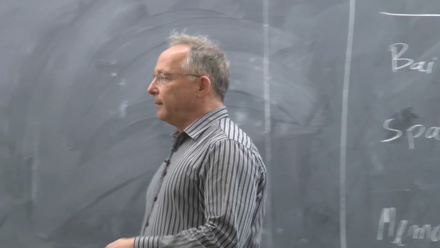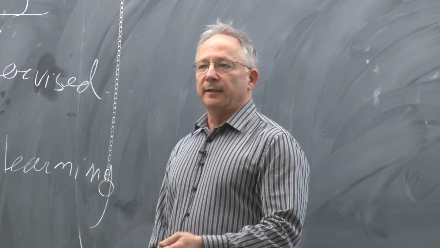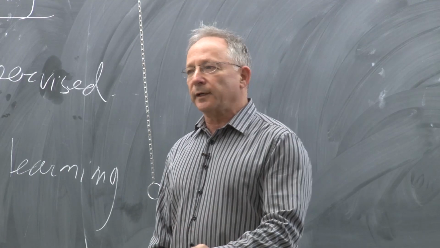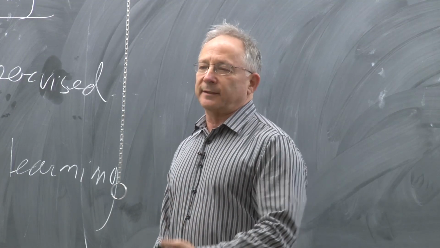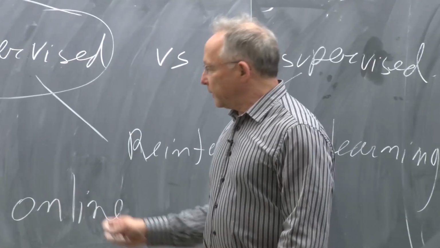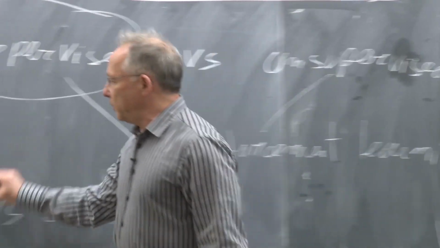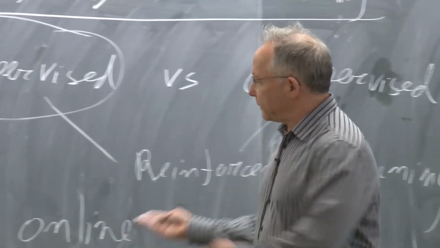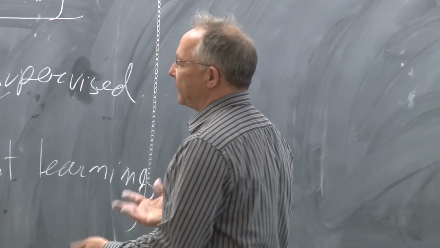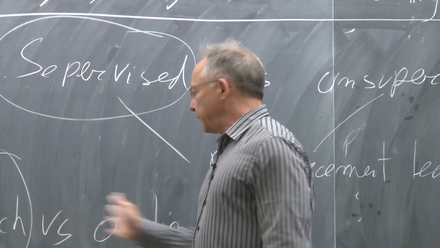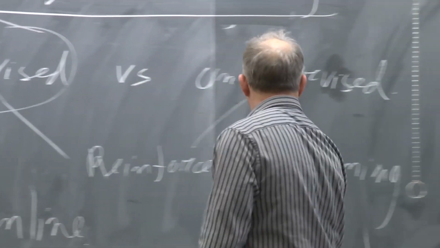So in online learning, you learn from your mistakes. You learn as you go, you make mistakes, and you're trying to have a program that will make as few mistakes as possible as it learns. So this is the online versus batch. We will talk a little bit about online, but we'll mostly talk about batch learning, just because in some sense it's simpler to describe, but we'll also talk about online learning.